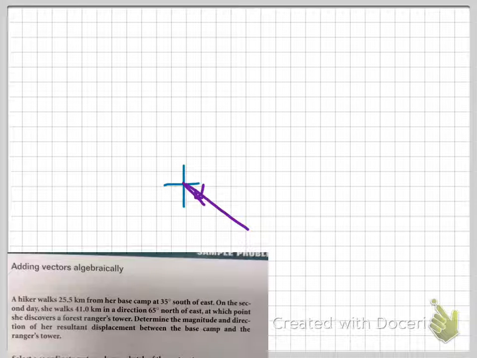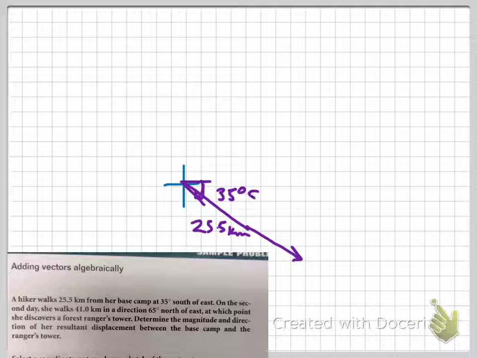And I'm going 25.5. I'm going to make this bigger because it'll help. And drawing these larger rather than smaller is helpful to you. So this is 25.5 kilometers. And this is 35 degrees south of east.